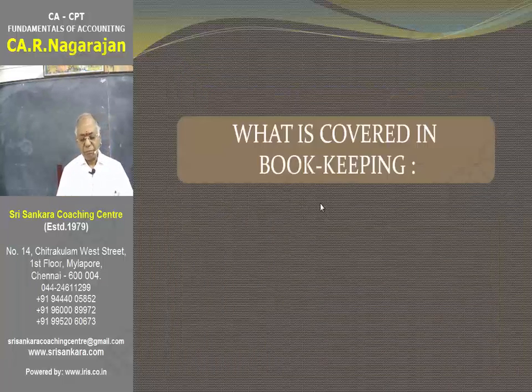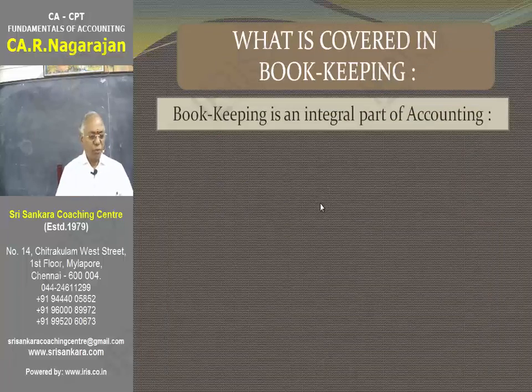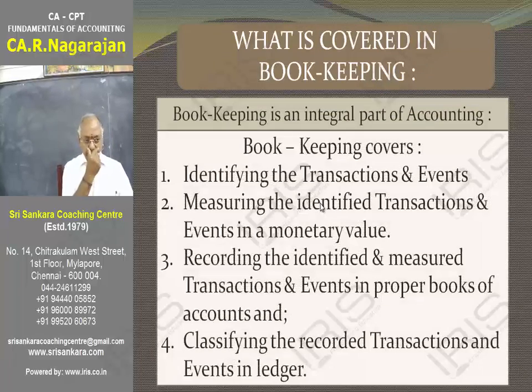Right. Now please tell me what is covered in bookkeeping. Bookkeeping is an integral part of accounting. It covers identifying the transactions and events. Already you have understood. Number 2, measuring the identified transactions and events in monetary terms. Then recording the identified and measured transactions and events in the proper books of account.